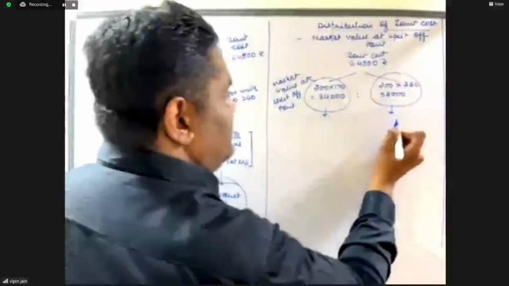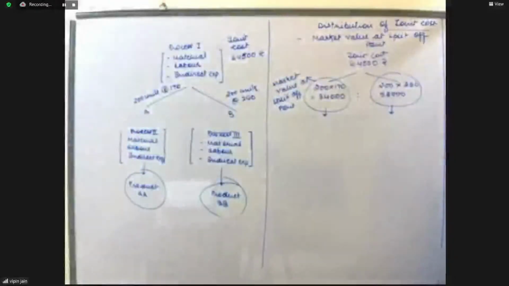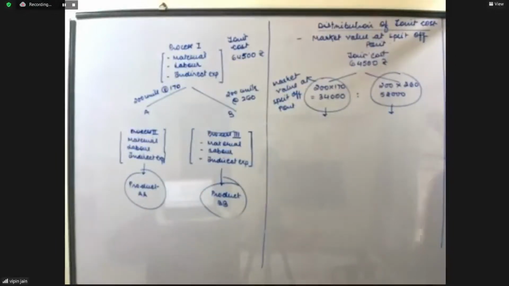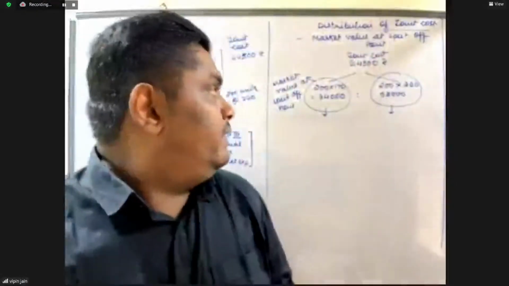So the cost that is distributed is how much? One second, guys. So 64,500.